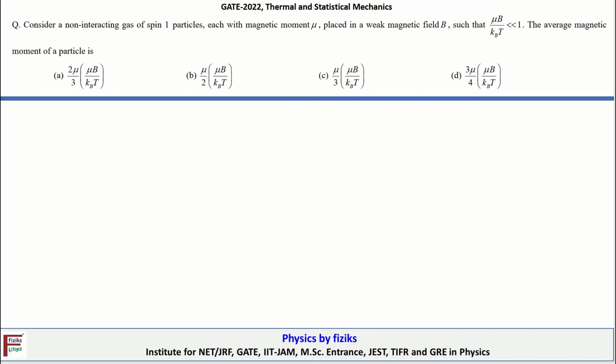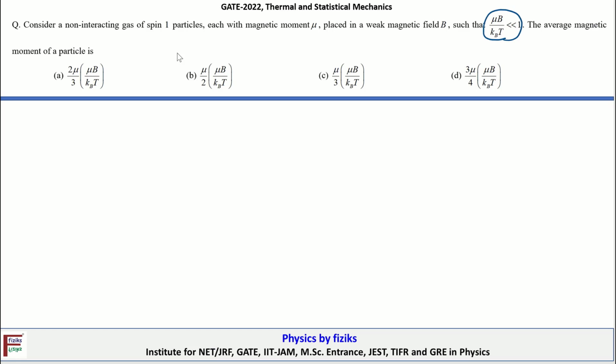So let's take a look at the next problem. The statement is: consider a non-interacting gas of spin 1 particles, each with magnetic moment mu, placed in a weak magnetic field B, such that mu B by kBT is much smaller than unity. This is the condition given to us, and we have to use it somewhere while solving this problem. The average magnetic moment of a particle is how much?